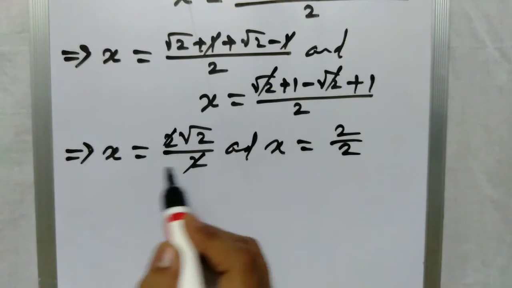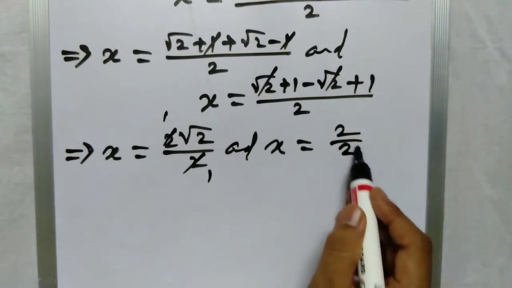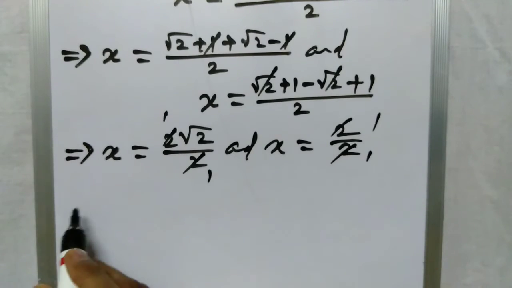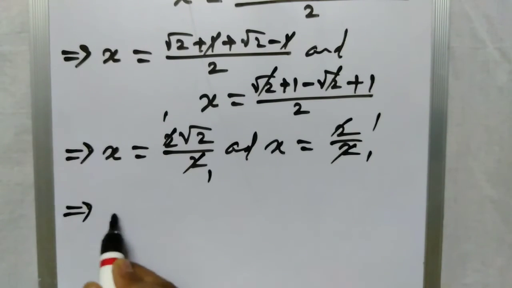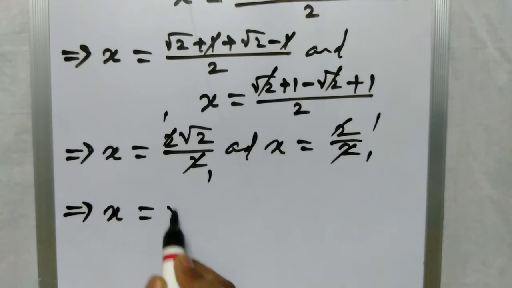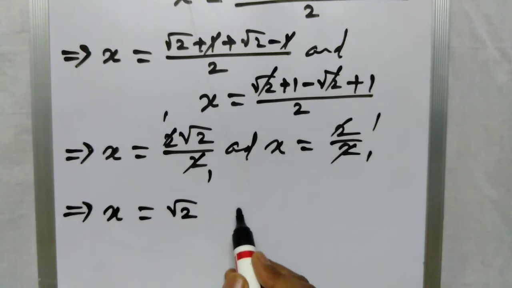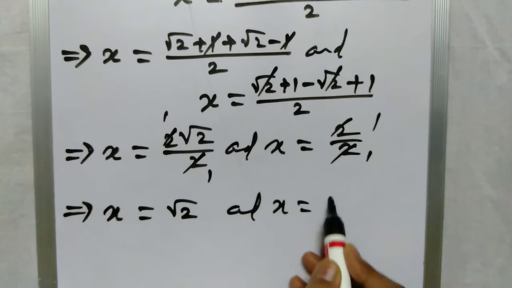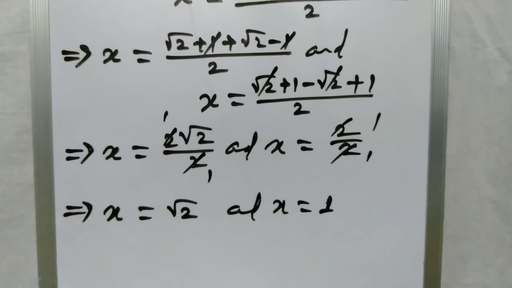Now cancelling 2 and 2, there's a 1, and 2 and 2 is 1. So x is equal to root 2 and x is equal to 1. So there are two roots. One is root 2 and the other is 1 of the given equation.